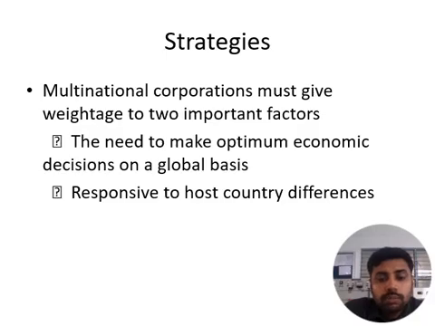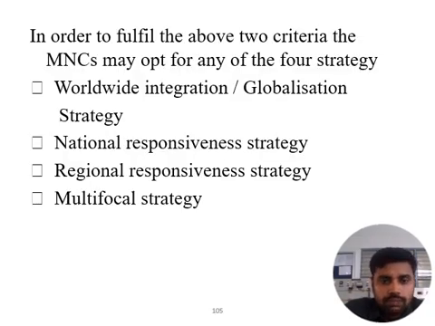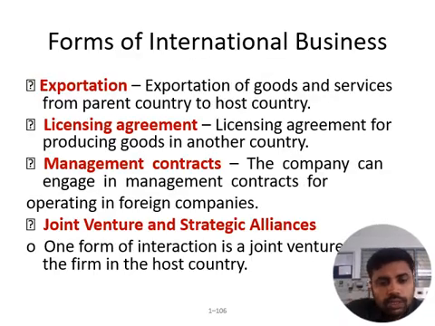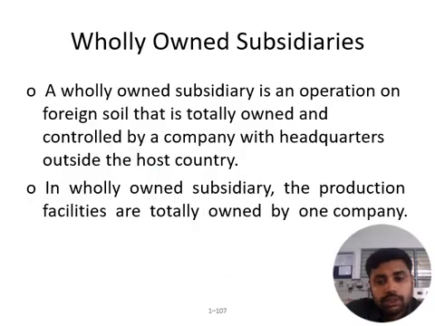Strategies: multinational corporations must weigh two factors, economic decisions and responsibility to host country differences. To fulfill these two criteria, MNCs need worldwide integration, national responsiveness, regional responsiveness, and a multi-focus strategy. Exportation, licensing agreement, management contracts, joint ventures and strategic alliances are the forms of international business.